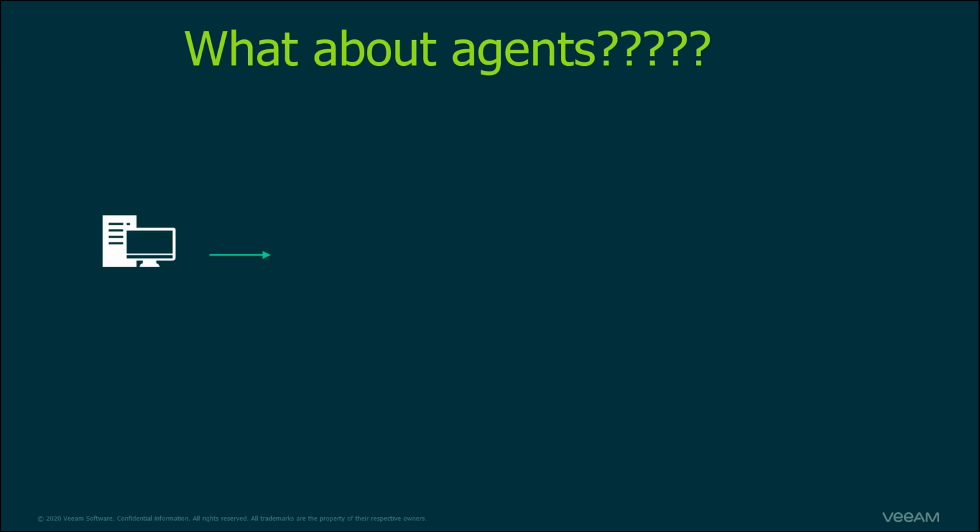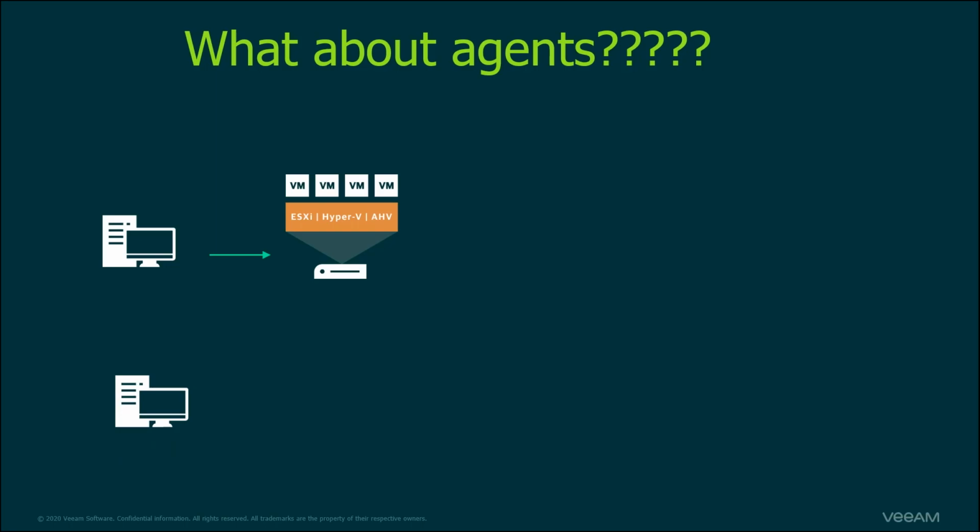maybe we could do a P2V. That's right, we can restore a physical machine to a virtual machine of VMware, Hyper-V, or Acropolis. We could also take a physical machine and restore it into AWS, Azure, or Google. Of course, you also have the Veeam application item restores as well for those Veeam Explorers.